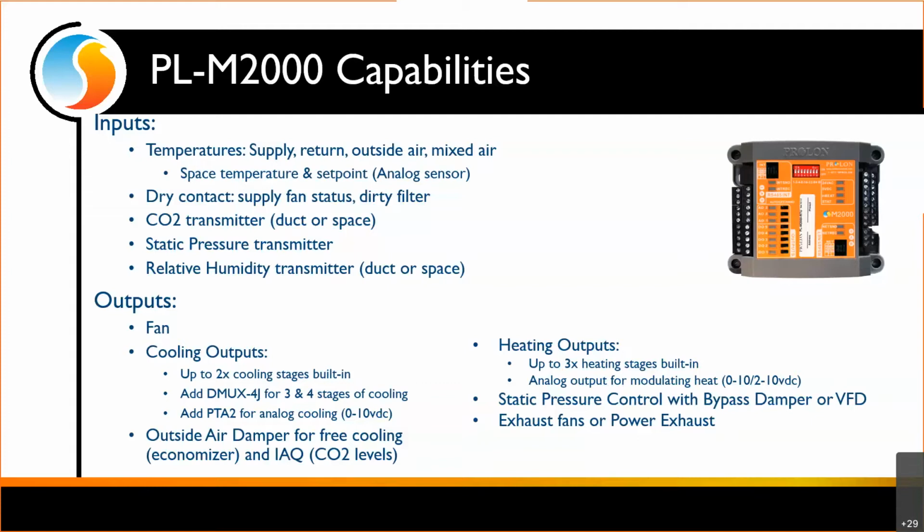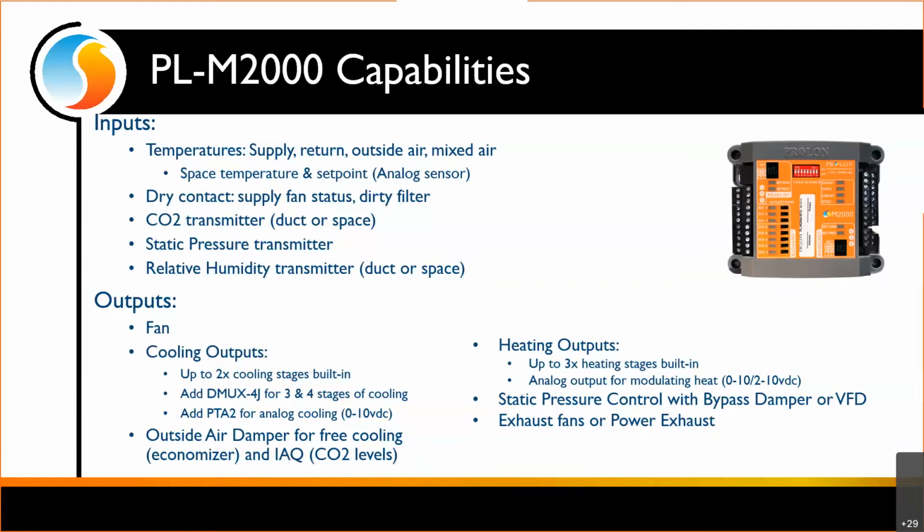There's a dedicated input for the static pressure as well, so if we want to control any kind of bypass damper or variable frequency drive. However, in this case, we're not going to use that too much since today we're talking about constant volume systems. And there's a dedicated input which can be used for a relative humidity transmitter. And so with this, we can essentially enable a dehumidification sequence.